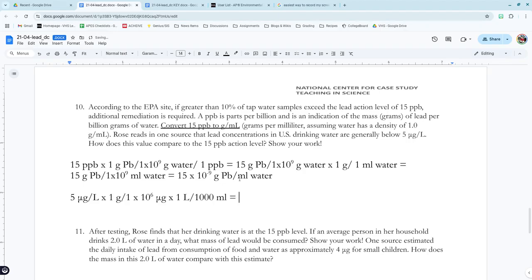And now if we were to multiply across, we would get 5 grams of lead per, on the bottom there, we now have 1 times 10 to the 9 milliliters of water, which equals 5 times 10 to the negative 9 grams of lead per milliliter of water.